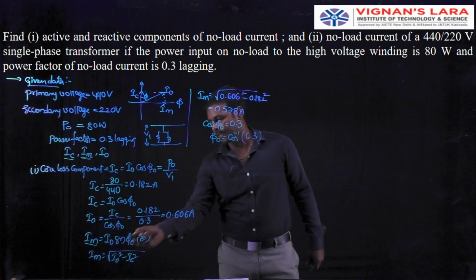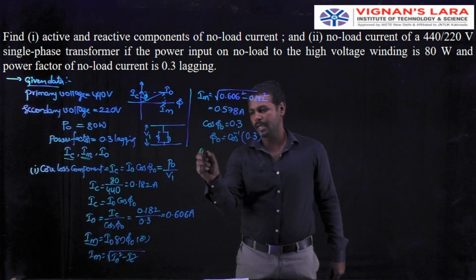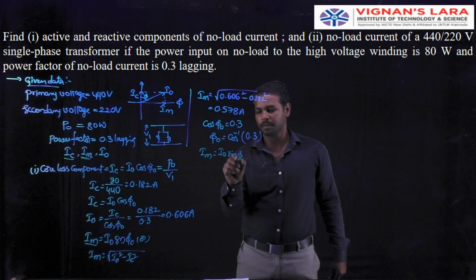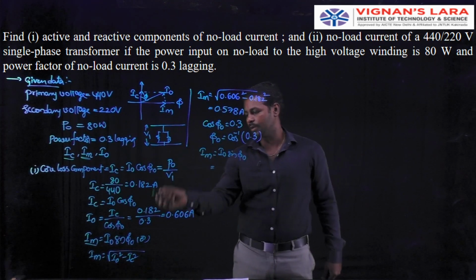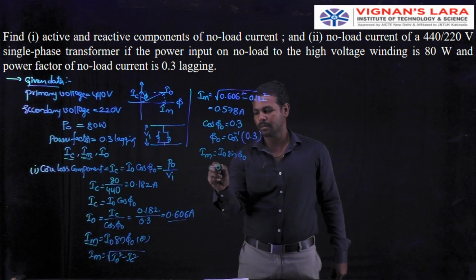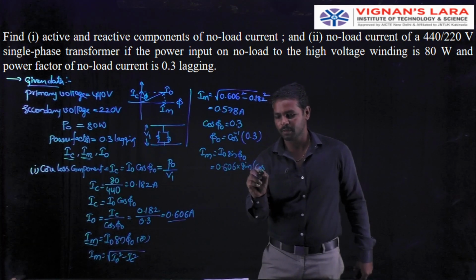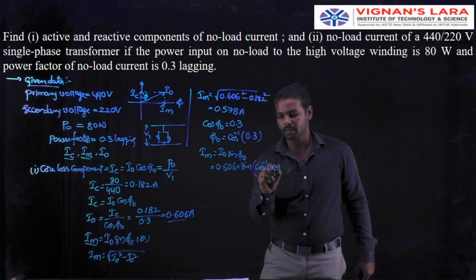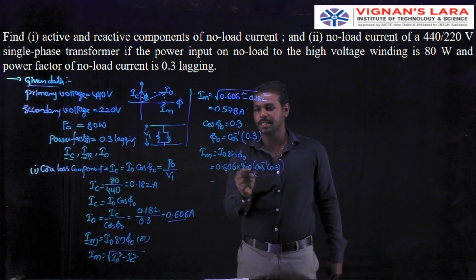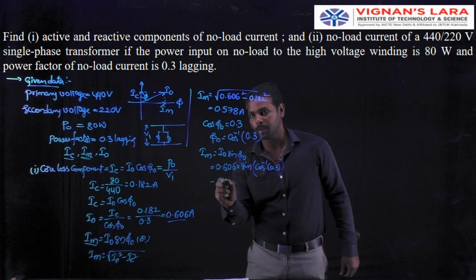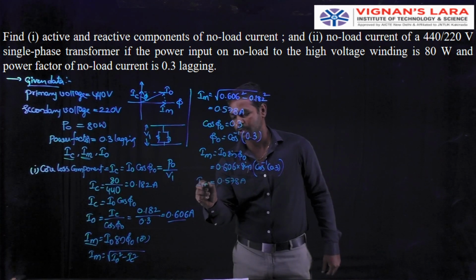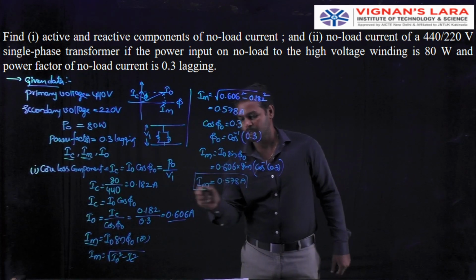Substituting, Im is equal to I naught, 0.606, multiplied by sine of cos inverse of 0.3. By simplifying this equation, we get 0.578 amperes, which is the reactive component of no load current.